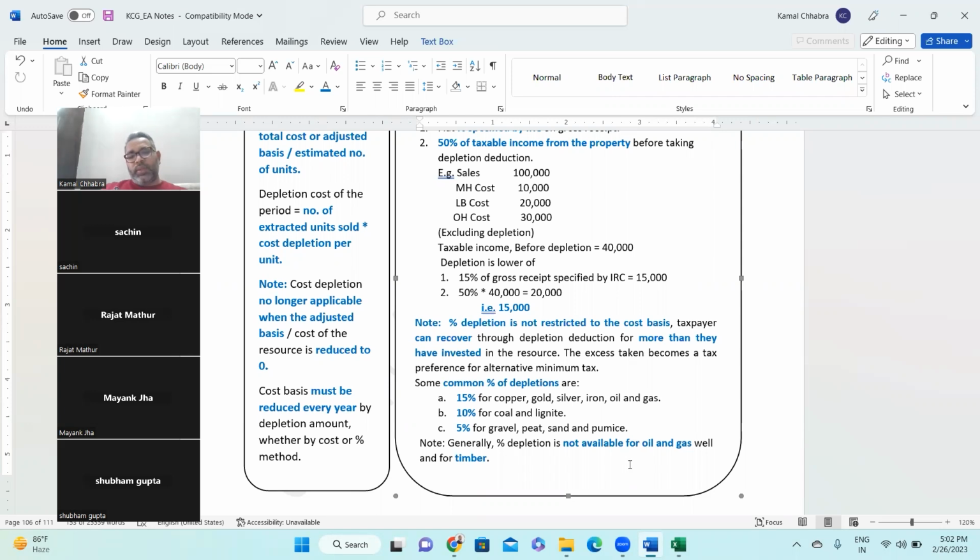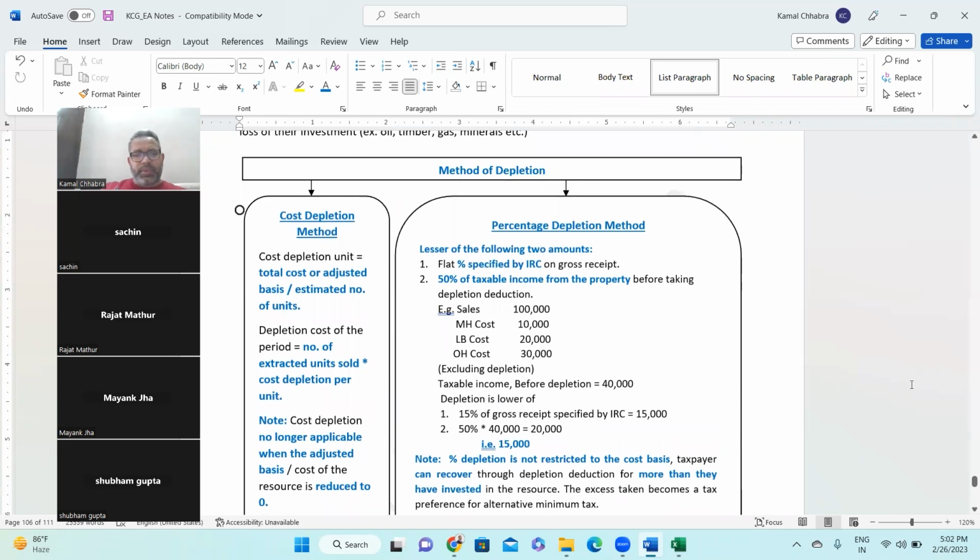Generally, percentage depletion is not available for oil and gases, and for timber. So that's a small note for you. But for your exam purpose, this percentage will be given to you in the question.